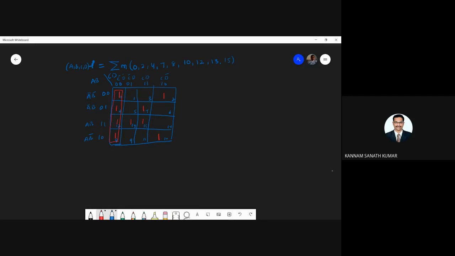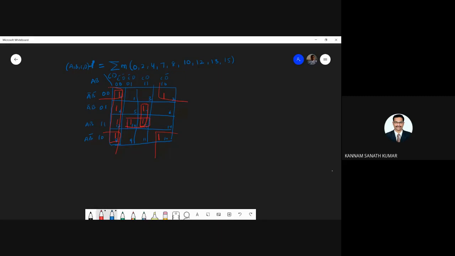And next the adjacent ones. If you see the adjacent ones, this one, this one, this one, and this one make one quad. And this one makes one pair, and this one makes one pair.